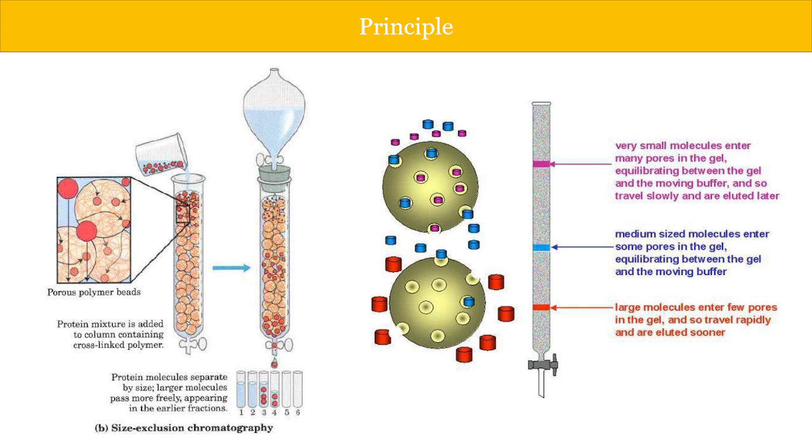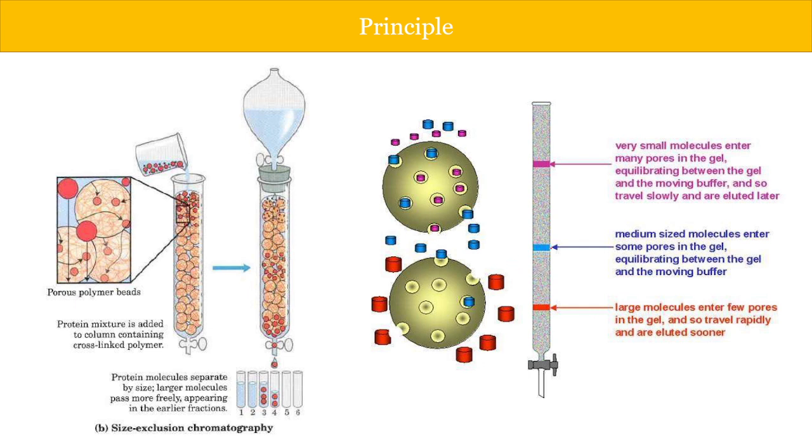They can flow through faster, but the smaller molecules, you see, are coming and packing into all the beads and then their path is longer, so they take more time. And you see, this is also the same. You can see here that the larger molecules cannot enter the beads over here. The red ones are the largest and they cannot enter the beads, and therefore they just escape this entering process and flow from outside and travel faster.